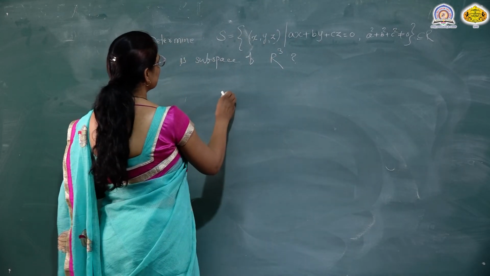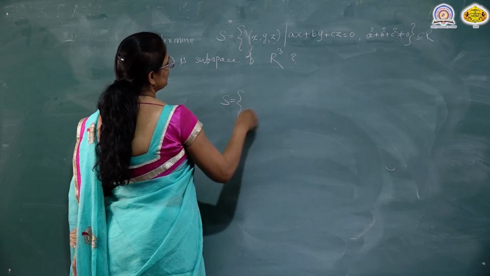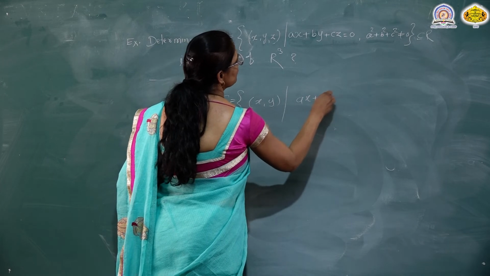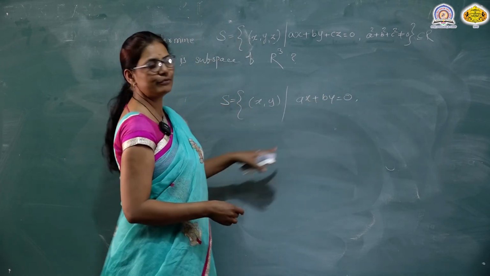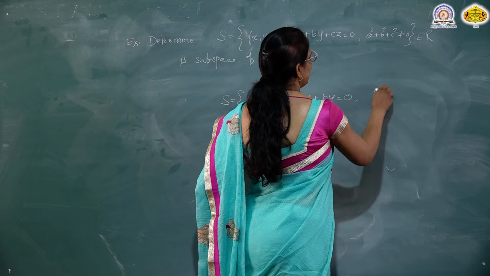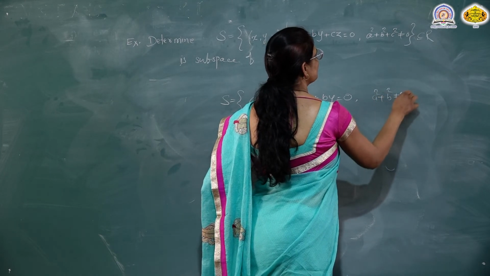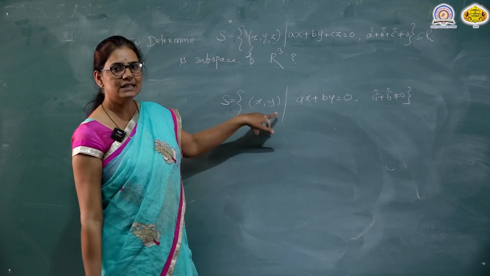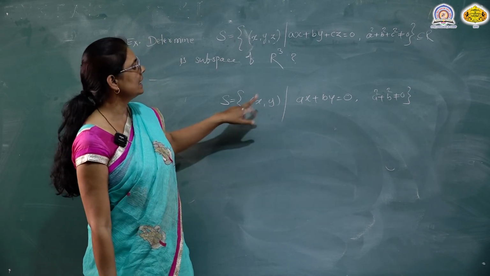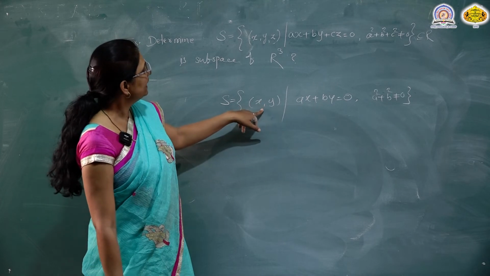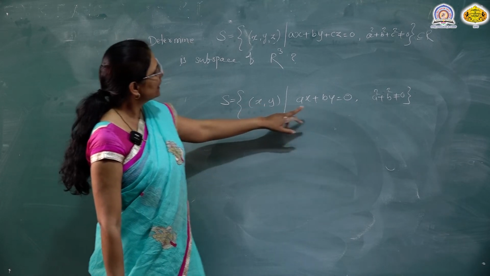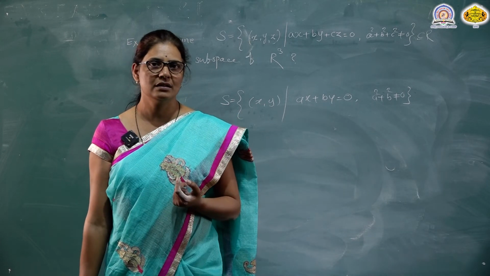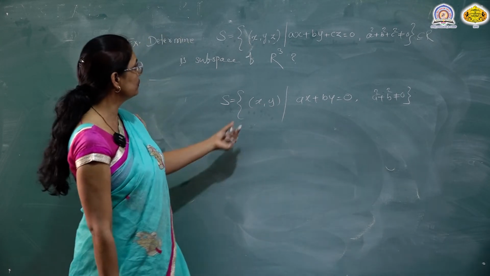If I consider the set of all x, y such that ax plus by equals 0 with the condition a square plus b square not equal to 0, it represents a straight line in R2, and here a and b are not simultaneously 0. It also represents a subspace of R2.